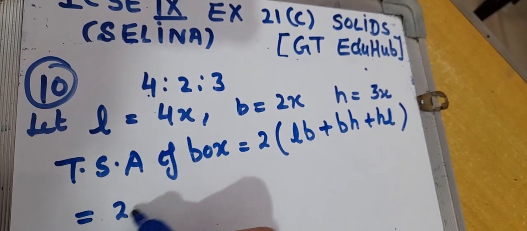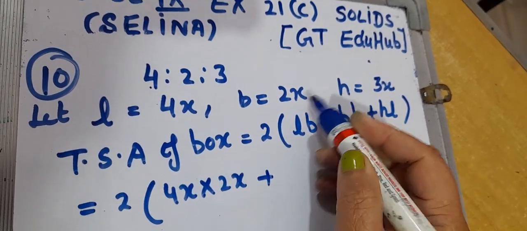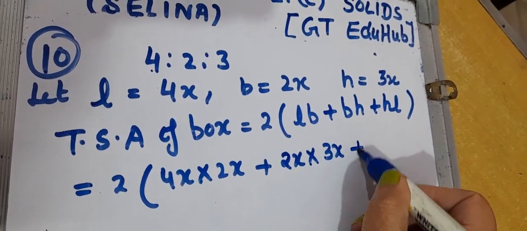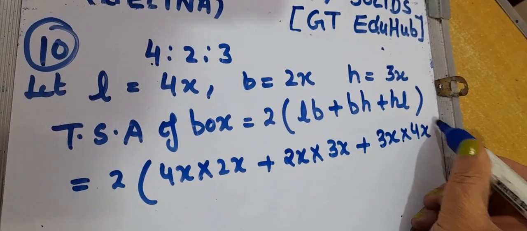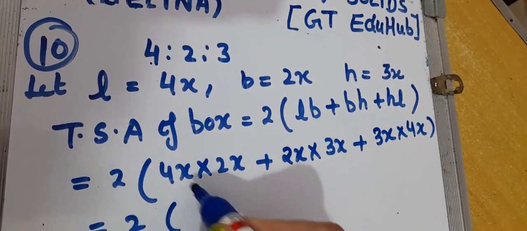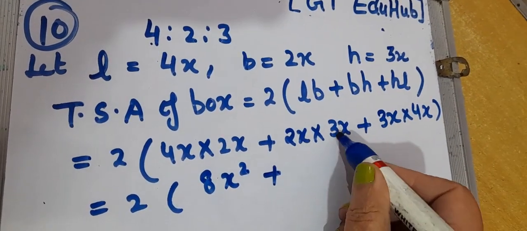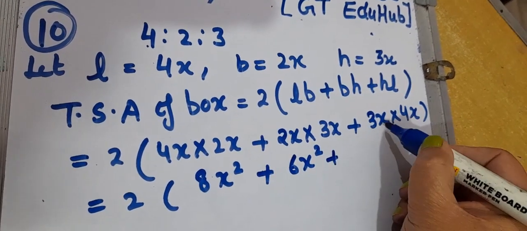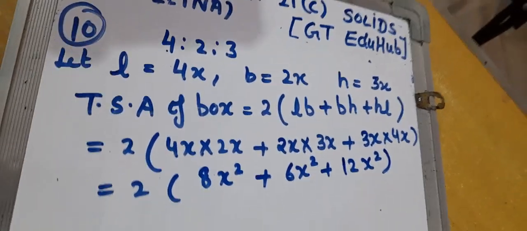So 4x into 2x plus 2x into 3x plus 3x into 4x. It will be 8x square plus 6x square plus 12x square.